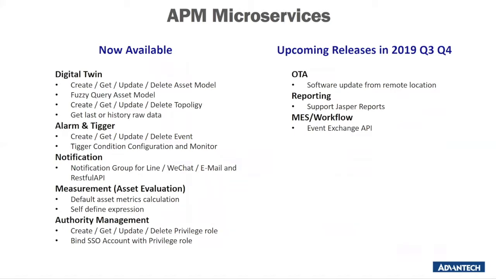There are 5 microservices available now, including digital twin, alarm and trigger, notification, management, and authority management. In Q3 and Q4, we will release OTA and reporting, which is based on Jasper Report open source, and MES and workflow integration.